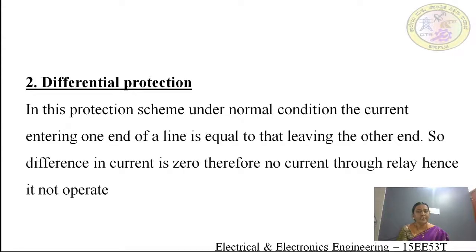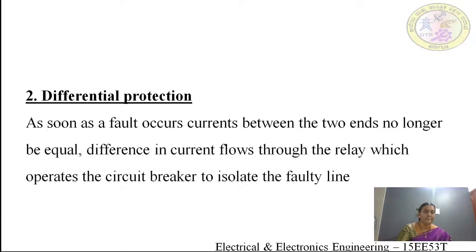In this scheme, the condition is that the current entering from one end is equal to the current leaving from the other end under normal condition. Therefore, the difference between them is zero. Because this difference is zero, there is no current through the relay. Hence, the relay is not operative.